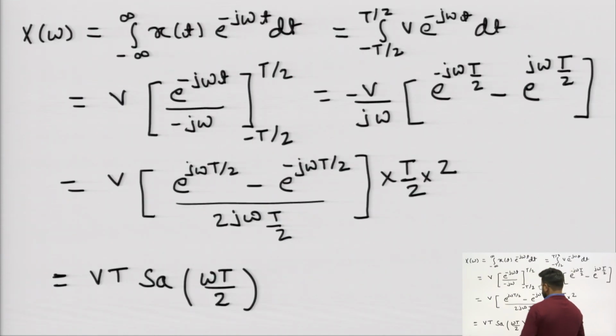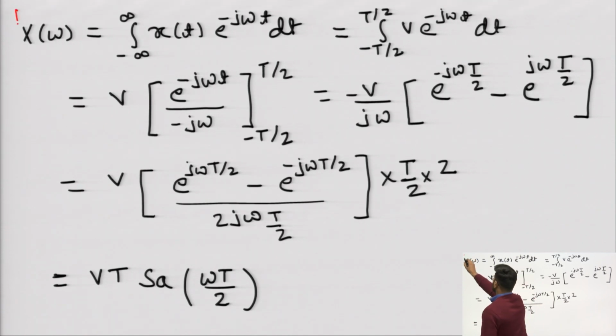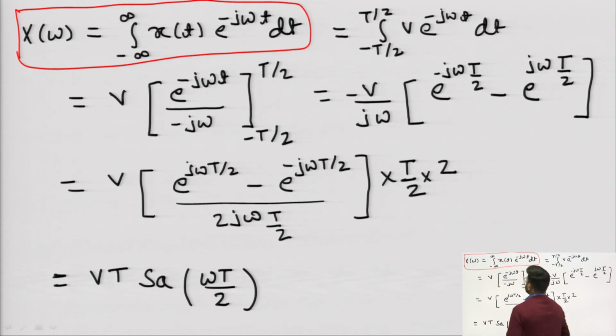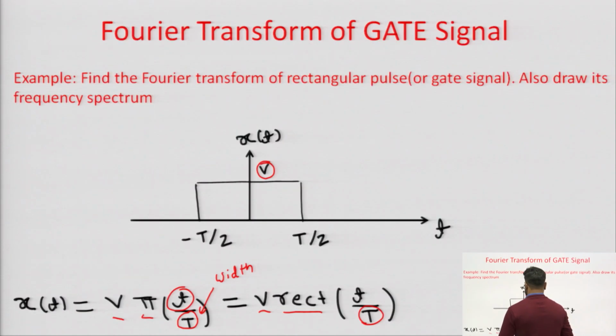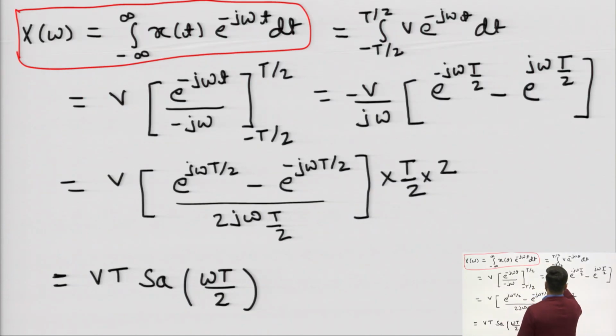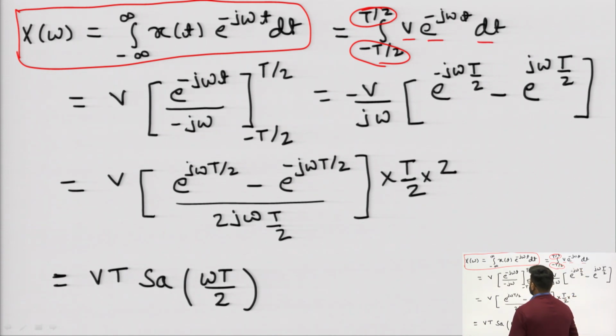We all know the formula for the Fourier transform, which is the integral from minus infinity to infinity of x of t e to the power minus j omega t dt. Since our signal is from minus T by 2 to T by 2, and the value is V, we get the integral from minus T by 2 to T by 2 of V e to the power minus j omega t dt.